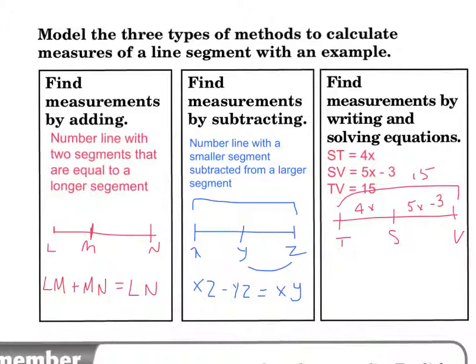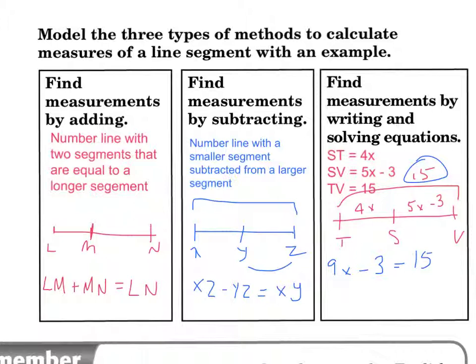Now if we want to figure out how big each of the smaller ones are, what we could do is just make an equation. Since we know this and this added together equals the whole length, and the whole length is 15, we can add those together. Well, 4x and 5x make 9x. We still have the minus 3, so 9x minus 3 equals the whole length, which is 15.